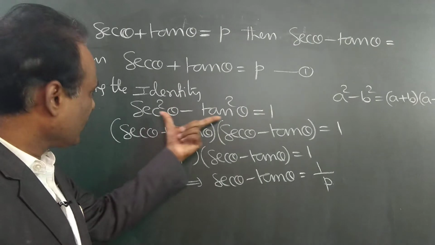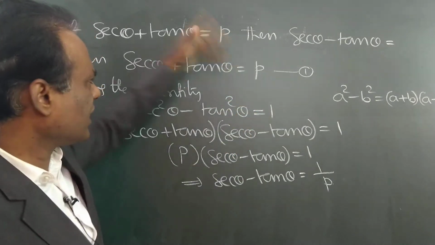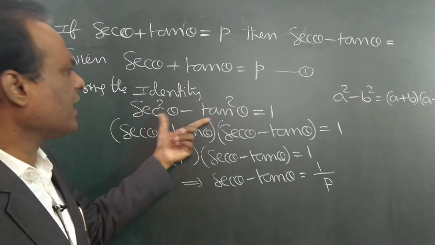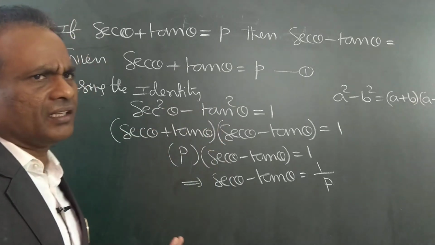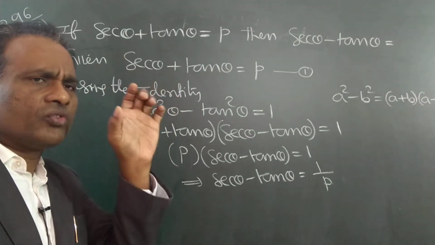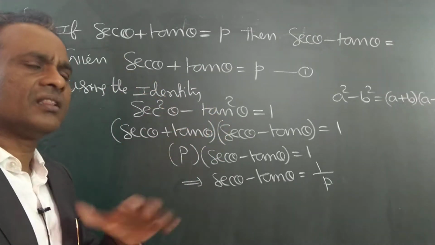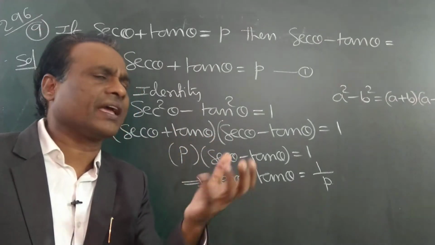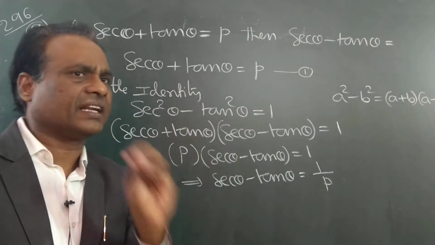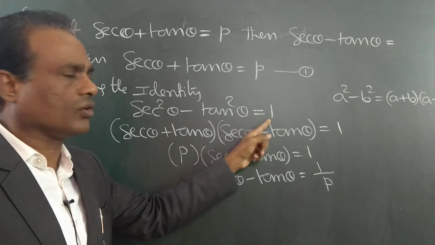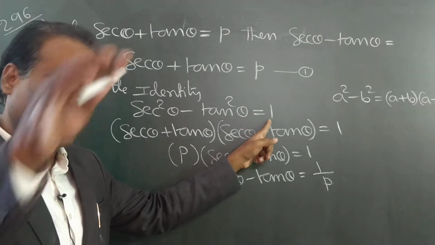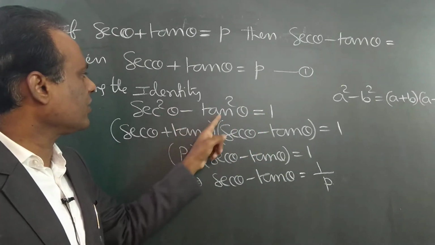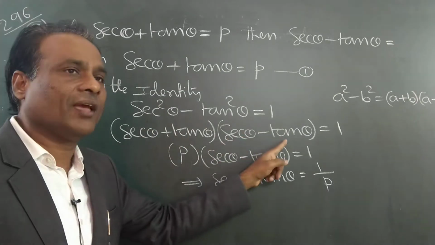See, this is the formula, not related to the problem. I wrote the identity. I want to use the relation between secant and tan. The only formula I know for the relation between secant and tan is secant square minus tan square is equal to 1. This formula we know, and I derived it also. A square minus b square, a plus b into a minus b.